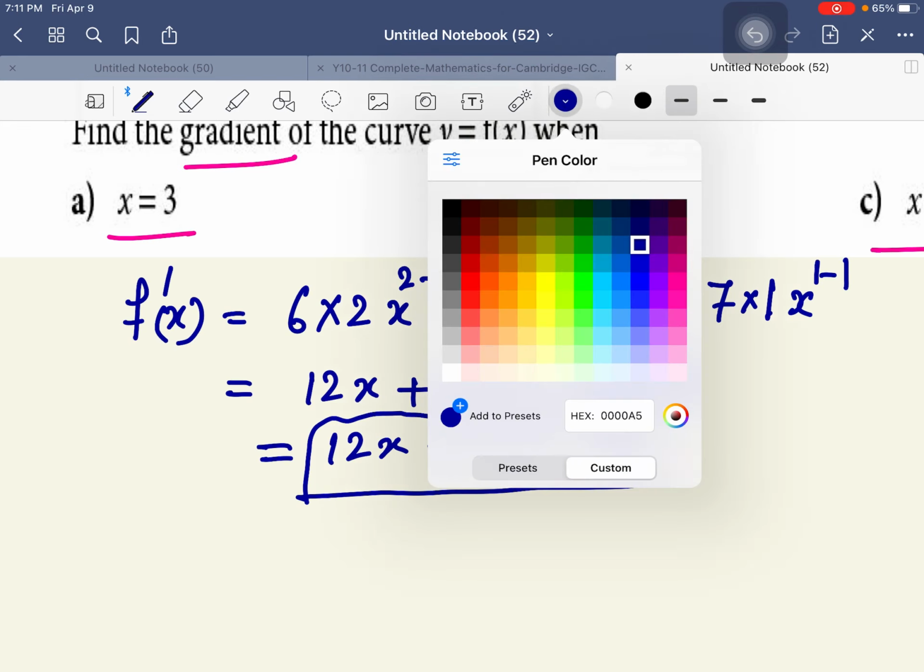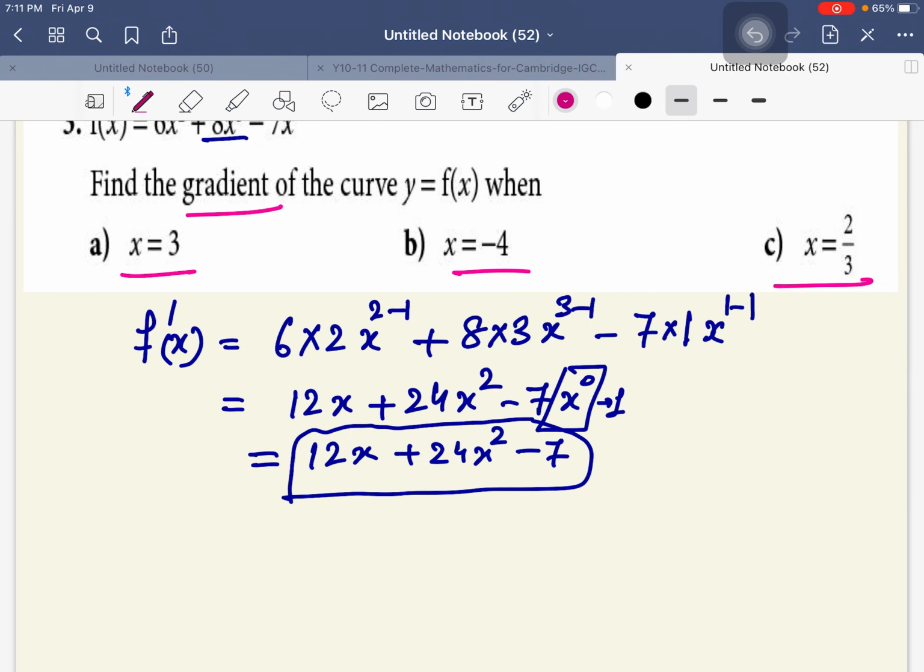So by using this gradient function, we're going to evaluate the value of the gradient of the curve at different points. A part, he said to find the gradient at point x equal to 3. So now using this gradient function, we're going to find the particular value of the gradient. Just plug in x equal to 3 in this expression. We can write it like this, f'(3).